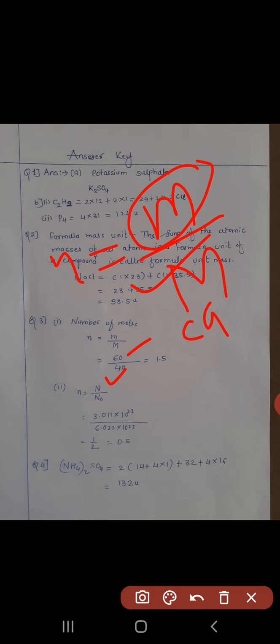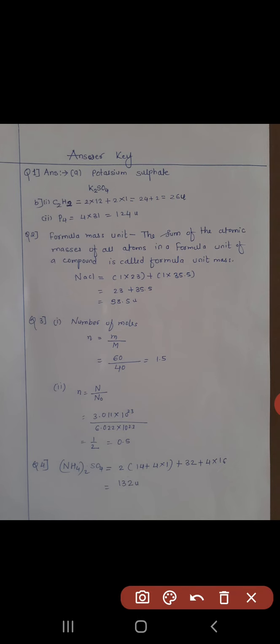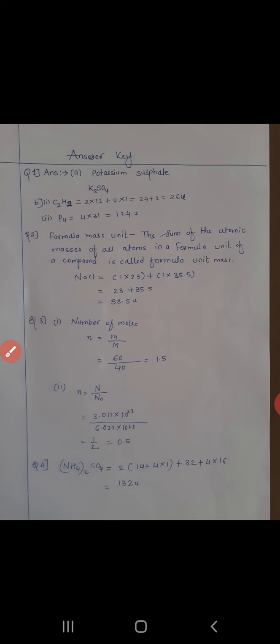So when 60 is divided by 40, the answer should be 1.5. There is no unit because U and U cancel out, so the answer has no unit.